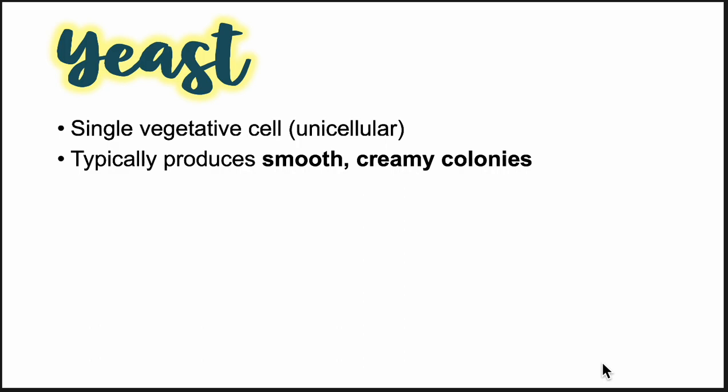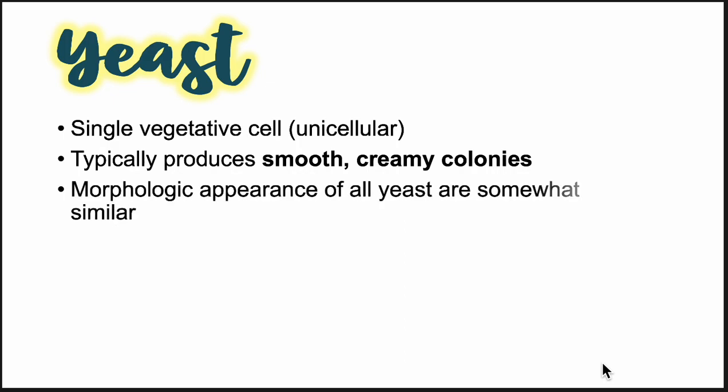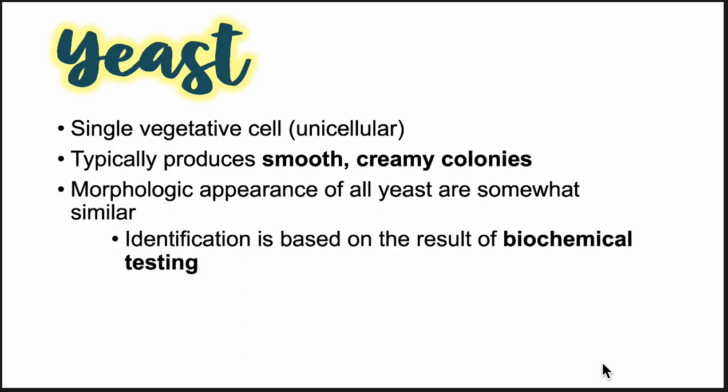When you observe their colonies in a culture medium, they are smooth and creamy. The morphologic appearance of all yeasts is somewhat similar, so the colonies look similar to each other. Identification is based on the results of biochemical testing, and they reproduce by budding. That's the reproduction of yeast cells.